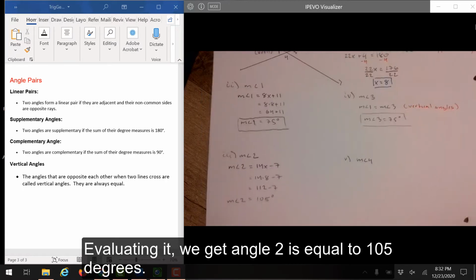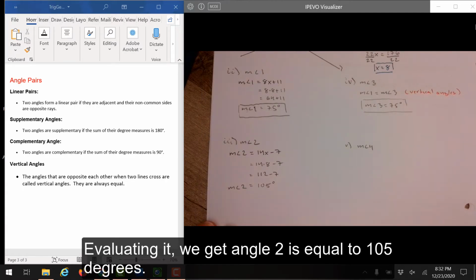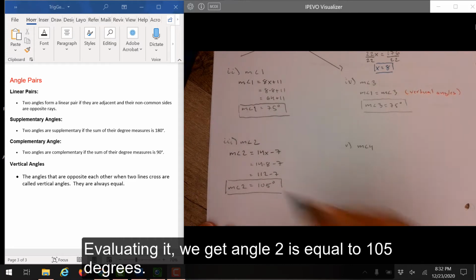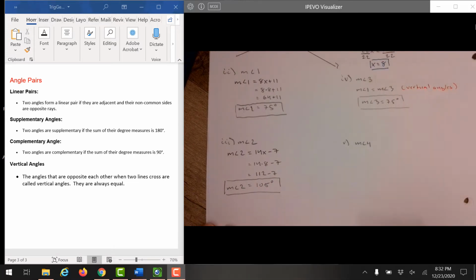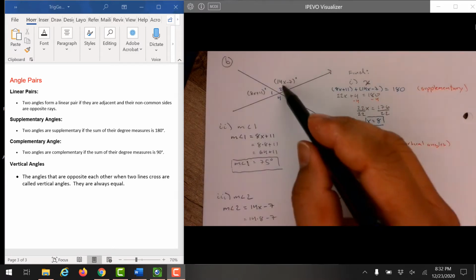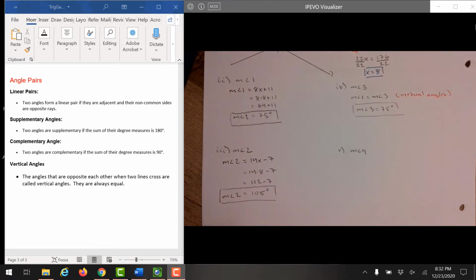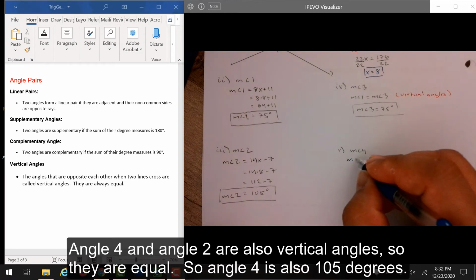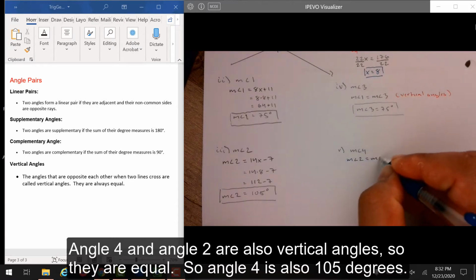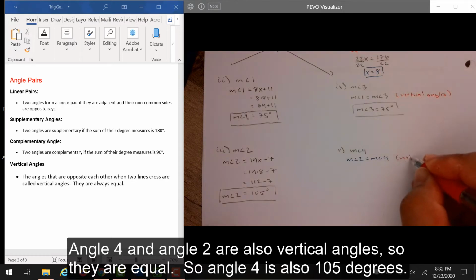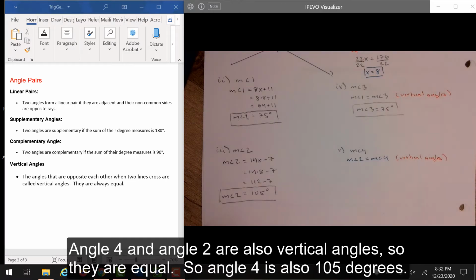Evaluating it, we get angle 2 is equal to 105 degrees. Angle 4 and angle 2 are also vertical angles, so they are equal. So angle 4 is also 105 degrees.